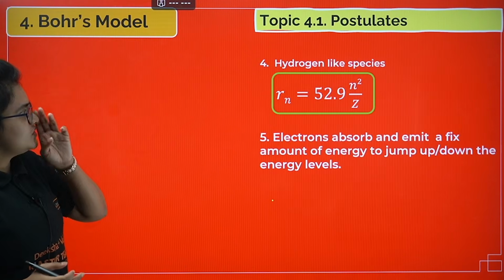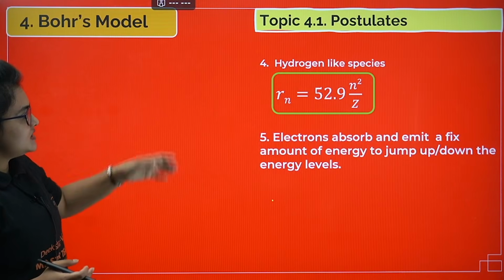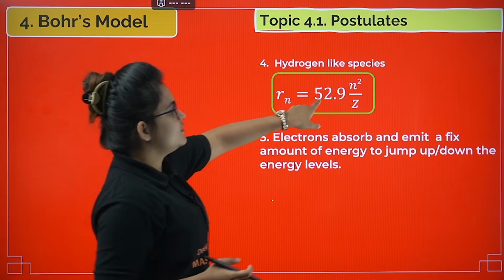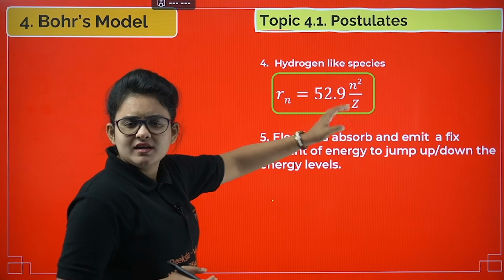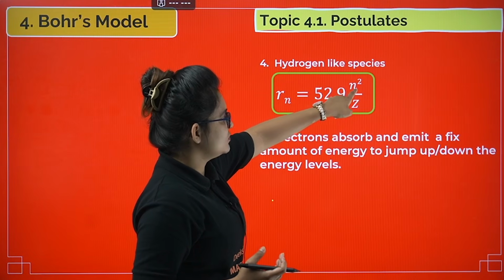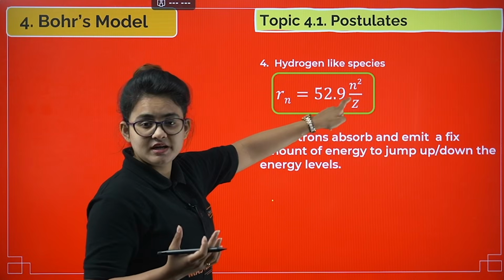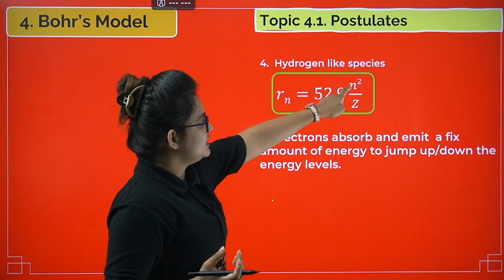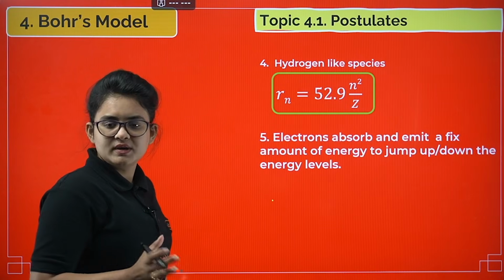Next, if I proceed further, for hydrogen-like species the a naught value is 52.9. For higher species you can just change the value of n, meaning which state or orbit the electron belongs to. You put the value of n here and divide by Z, the atomic number.